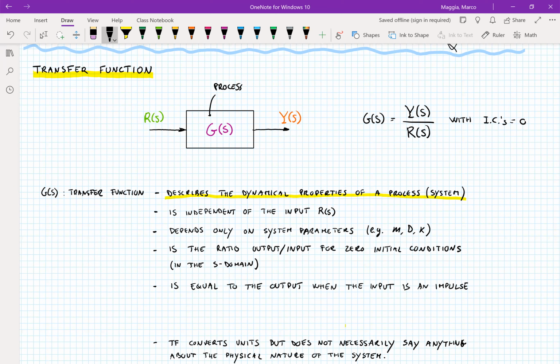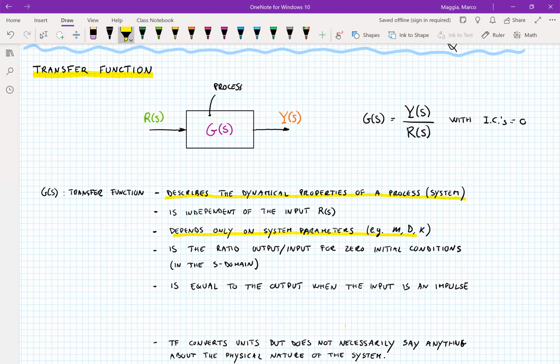Well, so that G of s will depend only on the system parameters, and it will not depend on the particular initial conditions. So if we assume that the initial conditions are equal to 0, we can find a consistent function, that is G of s, that depends exclusively on the system and on the system parameters.